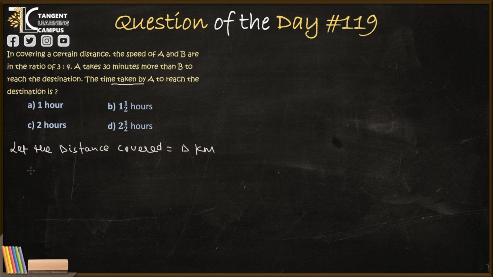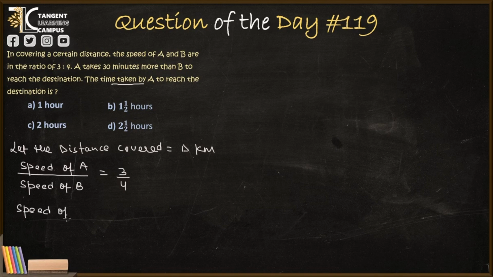Now the ratio of speed is given. So let us write down speed of A over speed of B is equal to 3/4. This is the ratio. Now the actual speed of A must be 3x and the actual speed of B must be 4x.